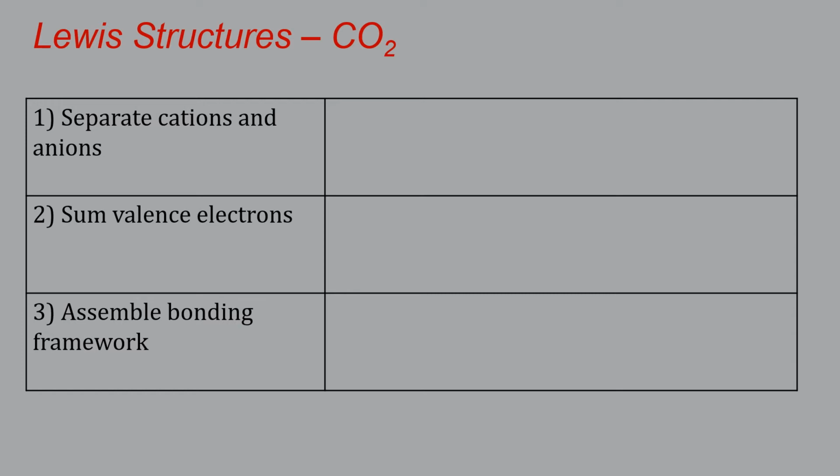All right, what follows here is a handy-dandy 9-step plan to get Lewis structures. The whole idea with this procedure that I like to use is that electrons aren't necessarily assigned to a particular atom or not.